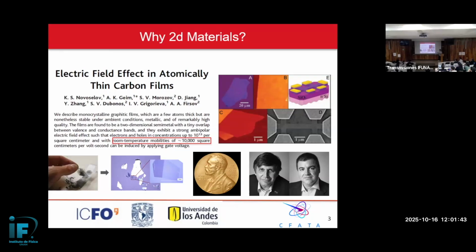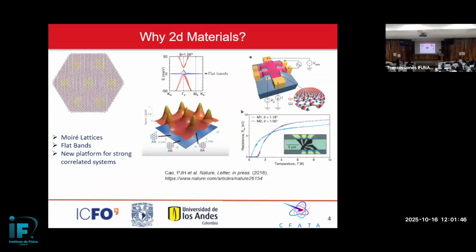Perhaps what you didn't know is that in 2018, the group of Pablo Jarillo-Herrero at MIT discovered that if they put two single layers of graphene and rotate them at a very specific angle, the moire patterns formed by twisting these two materials form flat bands.